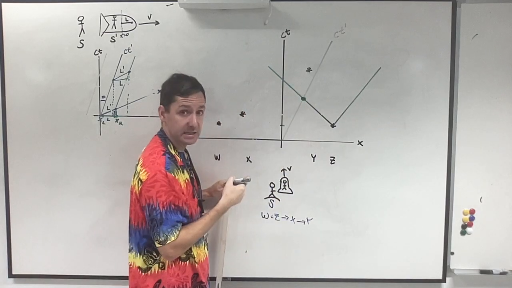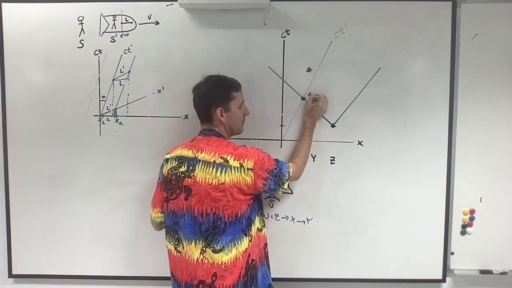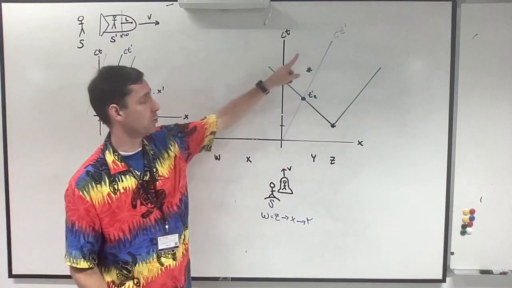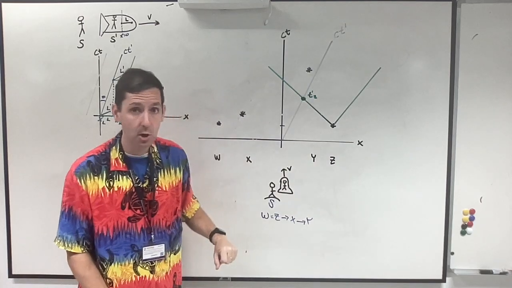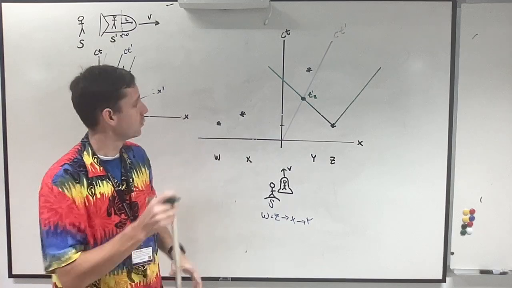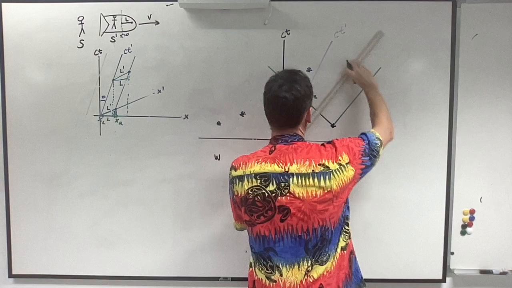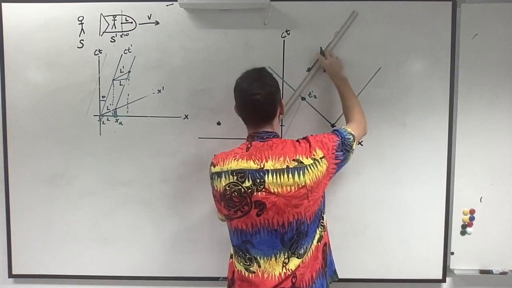Okay? So what we see is where this contacts the world line for CT prime. So that means this is the time at which the moving spaceship will see Z occur. We can now do the same thing for all of them, right? I can go, hopefully, more or less parallel to this one. They should all be basically the same like that. So this guy can go up like that.